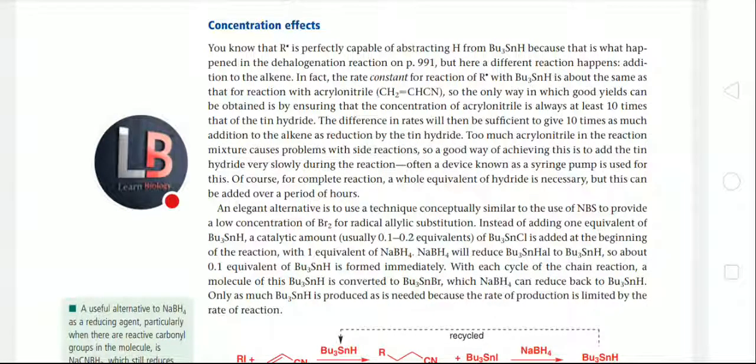In fact, the rate constant for the reaction of alkyl free radicals with Bu3SnH is about the same as that for reaction with acrylonitrile. So the only way in which good yield can be obtained is to ensure that the concentration of acrylonitrile is always at least 10 times that of the tin hydride.